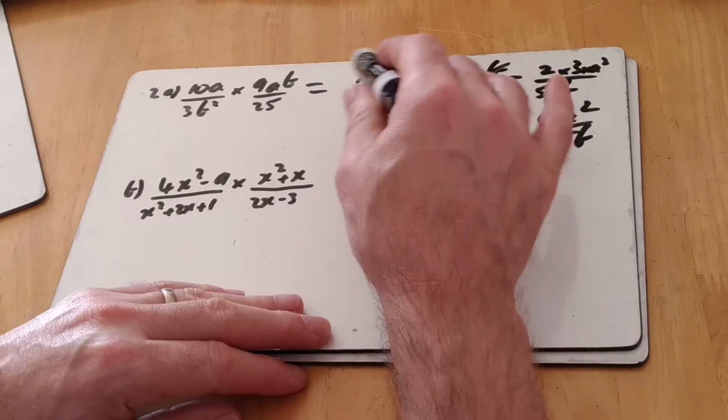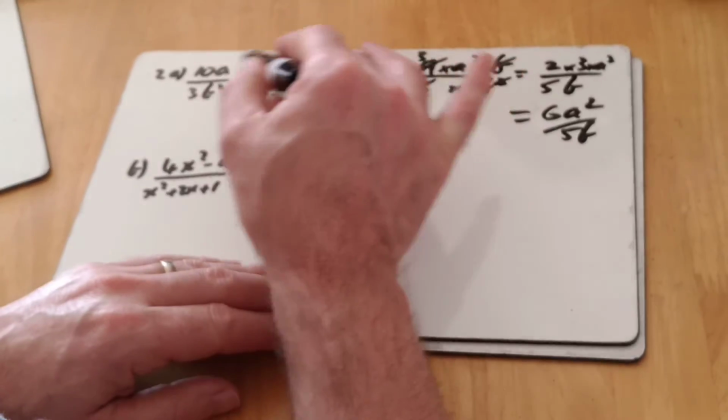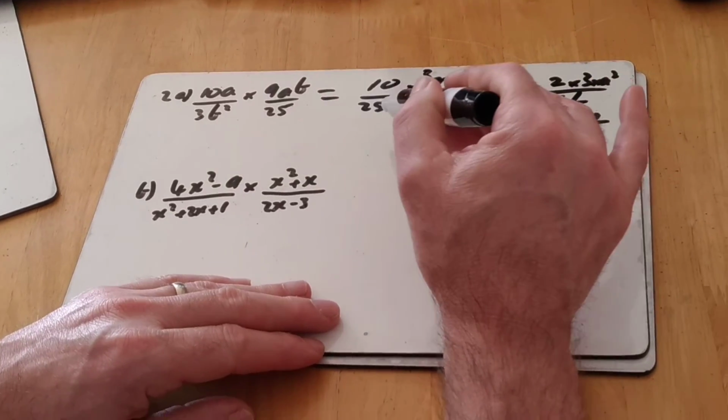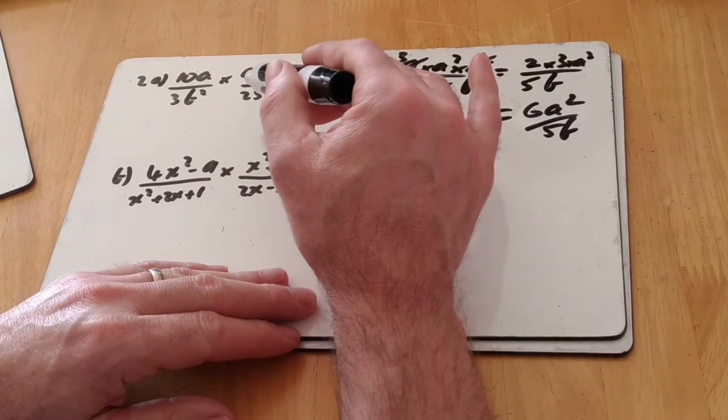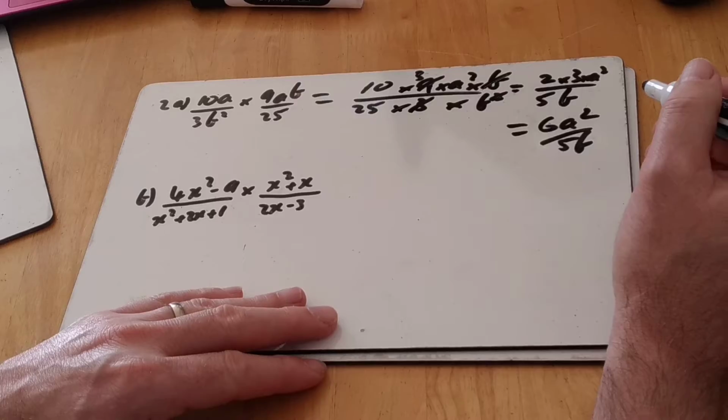The issue with cancelling across fractions like this, which you can do because it's that times that over that times that, is just being aware of what's gone on, what's cancelled from where, and what you're left with. You make sure your presentation does the job.